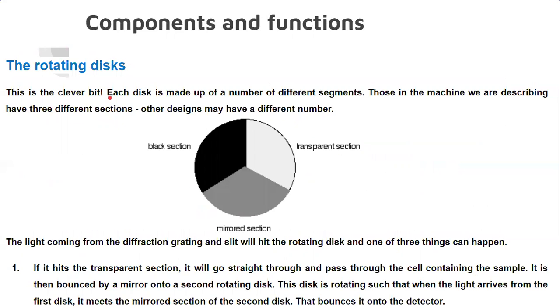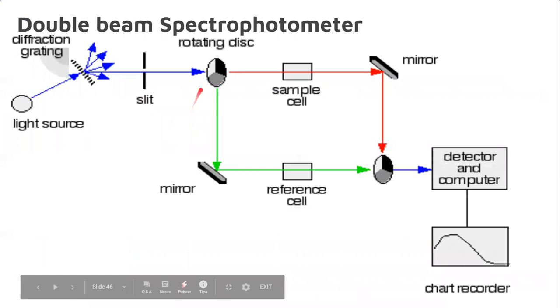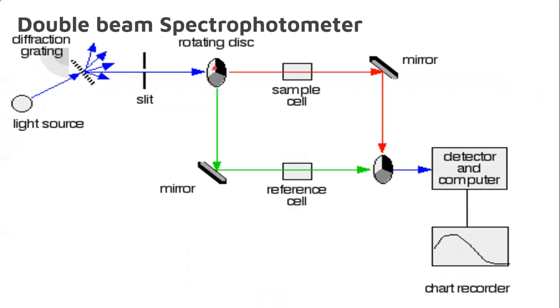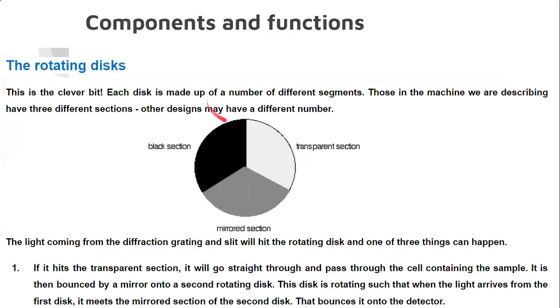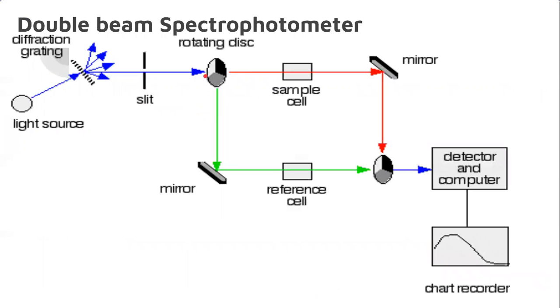And this is the rotating disc. If you look at this rotating disc, you can find 3 components or 3 colors. This is the black section, this is the transparent section, and this is the mirrored section. Each section has a different duty, a different activity. If the light coming from the slit falls on the black side, the light will be absorbed completely.